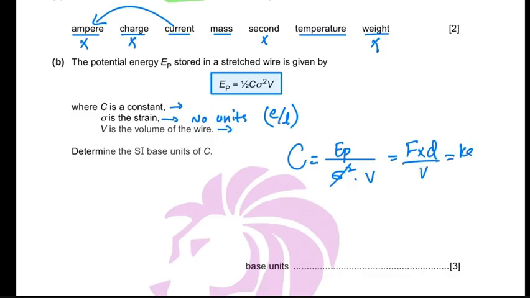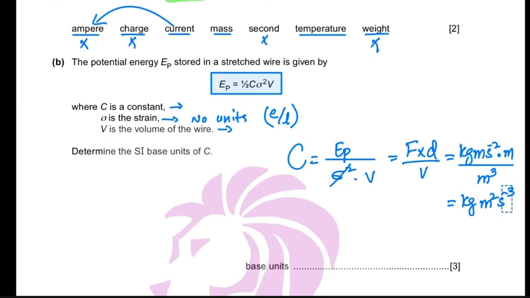Force is kg m s⁻², distance is in meters and volume is in meters cubed. So it will become kg m² s⁻² over m³. I'll just bring m up there.